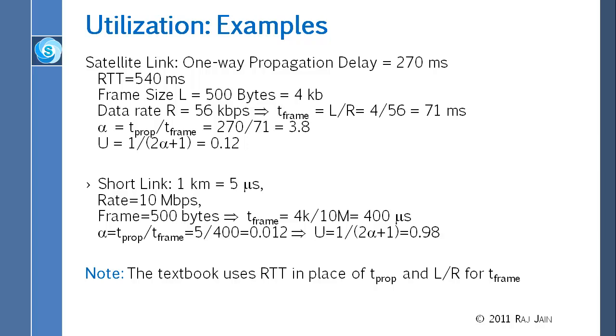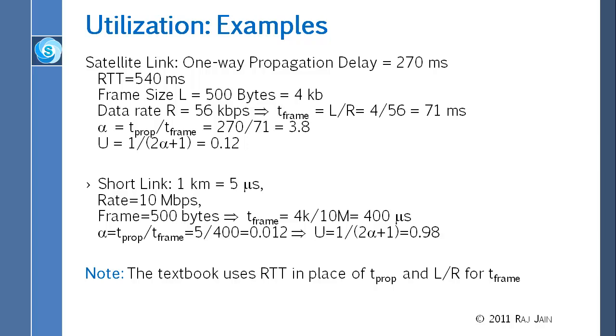And alpha will be 5 microseconds divided by 4 seconds. That is a very small number. If the rate is low, then T frame is large, and so the efficiency is high. I was going to go the other way around actually.